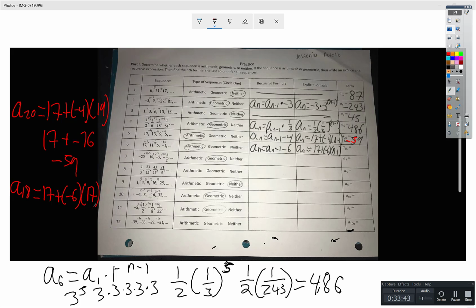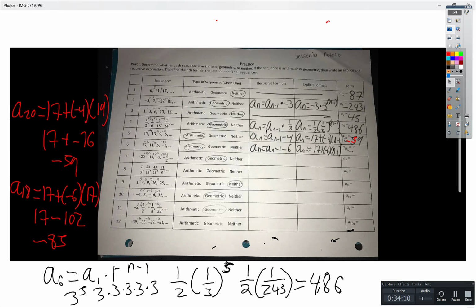So -102. 17 minus 102. So that's -92. -90 plus 5. That's going to be -85. So -85 here.